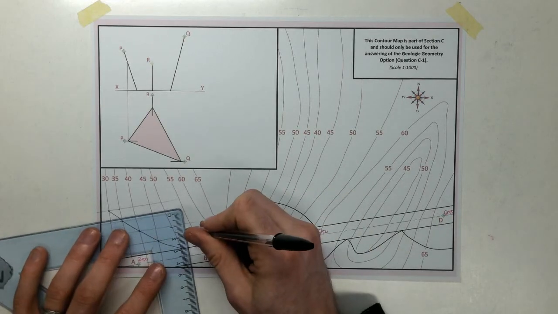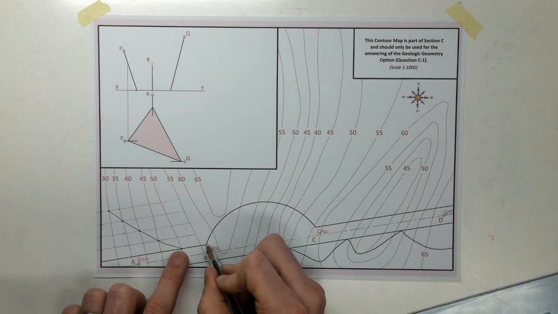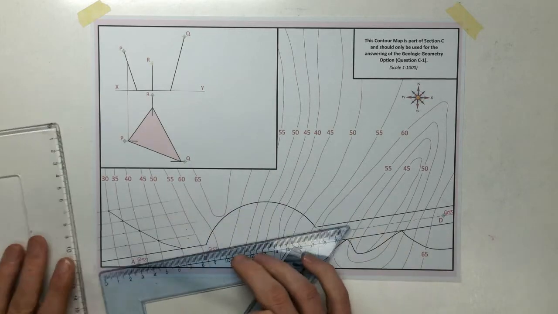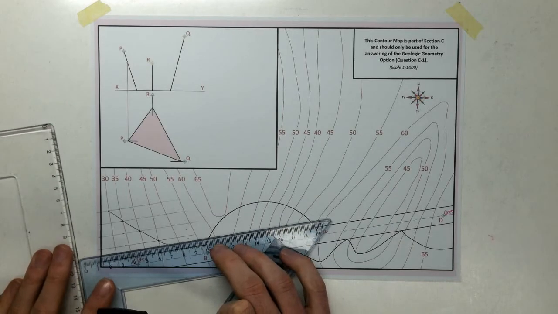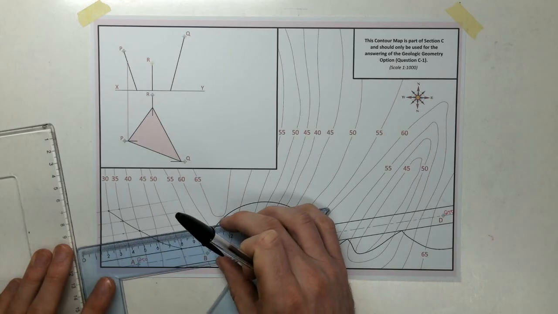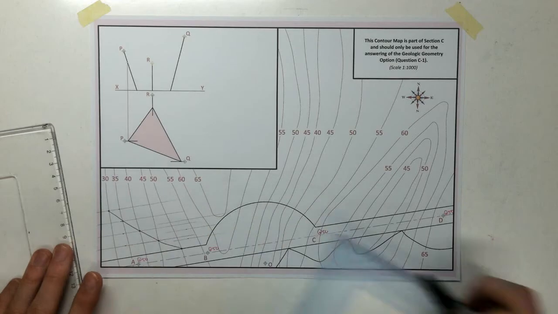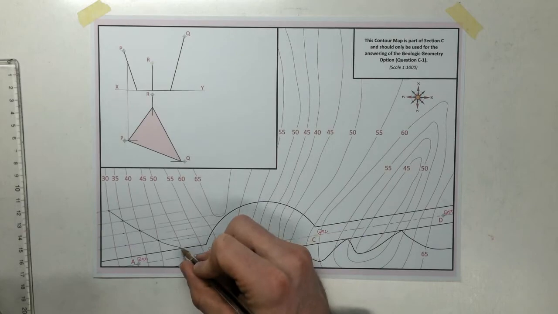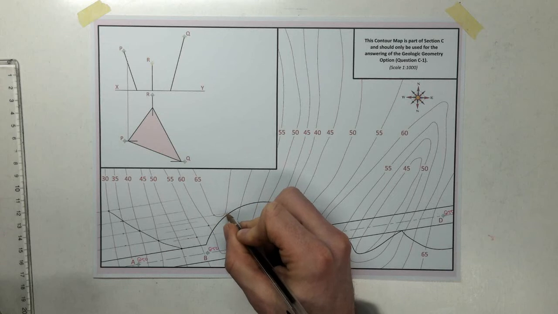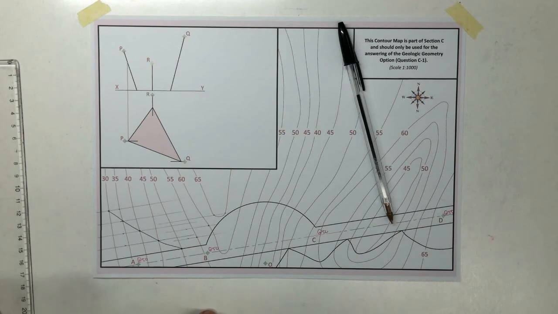I don't think I'll need it, but I'll go another 7.5 there. So we're at a height of 50. Now we're cutting into the mountain, so we're traveling up in height. This line here will be at 55, this will be at 60, and here we have our 65. So we're at 50, then up to 55, 60, and 65. I'm not sure we need all of those, but we'll put them in for now anyway.